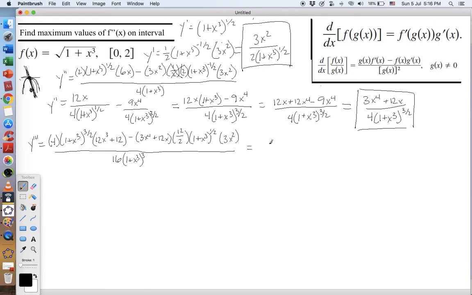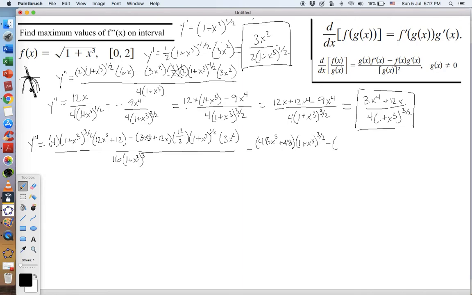And so now we can begin the process of simplifying. First thing we want to do is distribute out this 4. So 4 times 12 is 48x cubed plus 12 times 4 is 48. All of that quantity times 1 plus x cubed raised to the power of 3 halves. And then we're subtracting from that quantity.